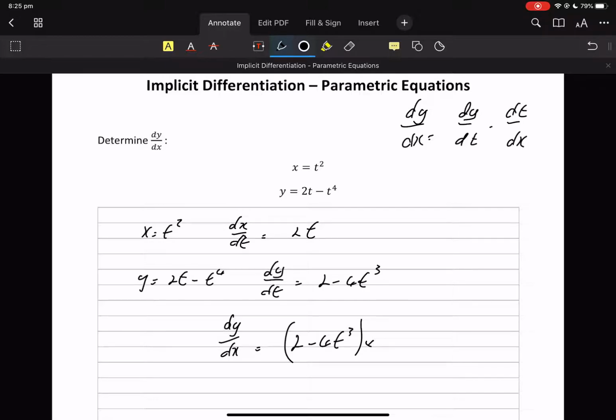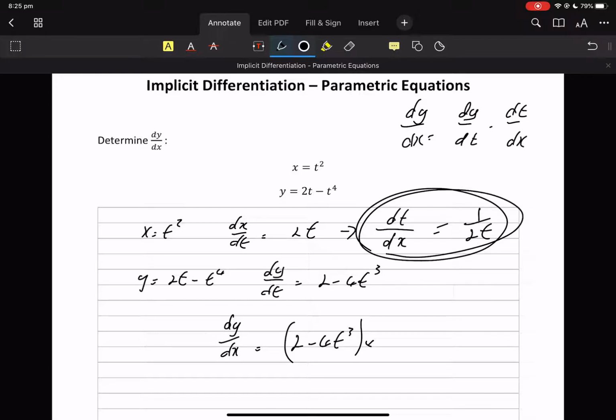So we're going to multiply both sides by dt, divide both sides by dx, and then get the 2t to the other side. All of a sudden we've got a dt/dx.